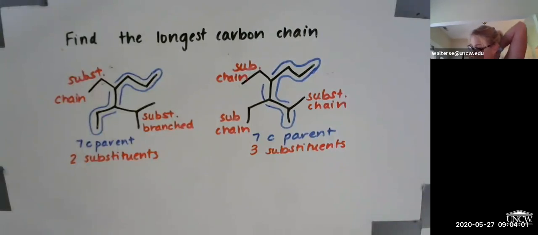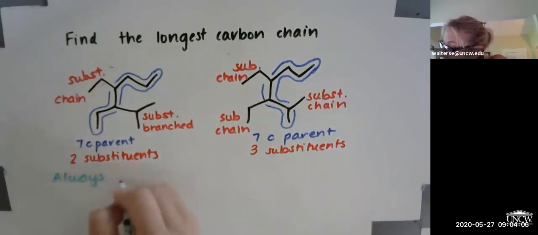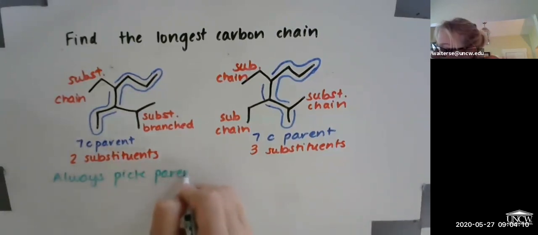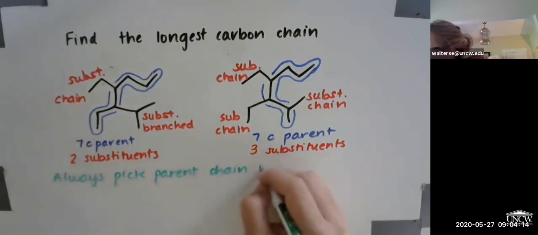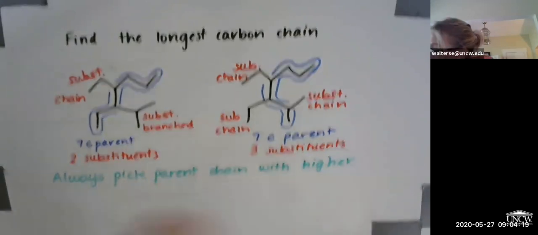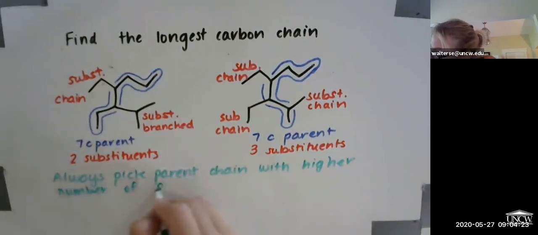Okay, so the rule is that you always pick the parent chain with the higher number of simple substituents.